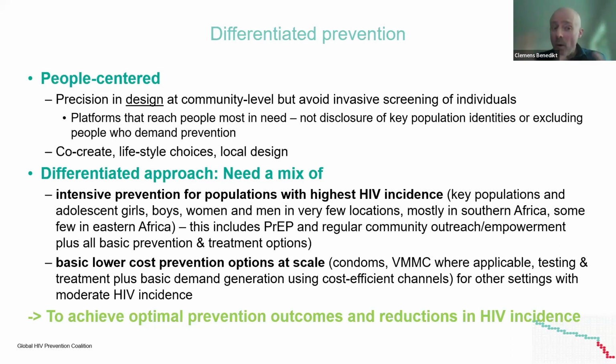And what it points to broadly is very much aligned to what we saw from the modeling presentation. We will need a mix looking forward at intensive prevention for populations with highest incidence, so those small populations, and basic lower cost prevention options at scale for the larger populations with moderate. Thank you.